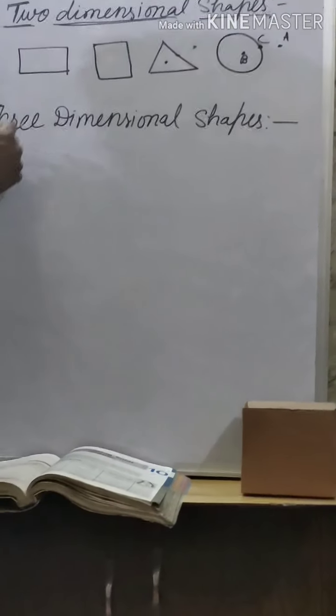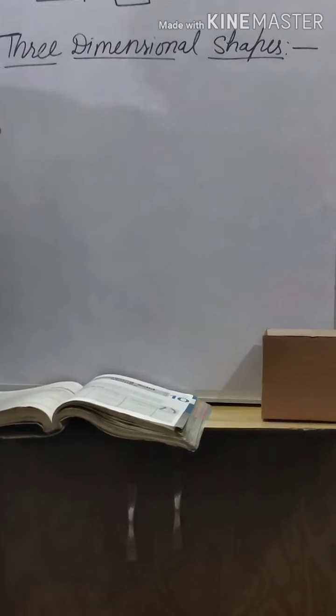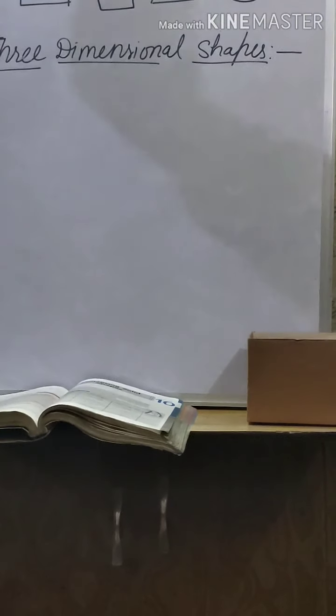So now next is three-dimensional shapes. Three-dimensional means which are having length, breadth, and height. If I talk about this board, we don't say this white board is a plane figure.